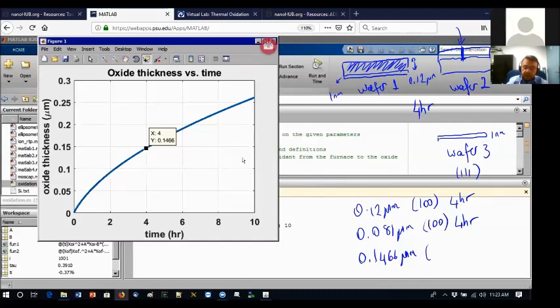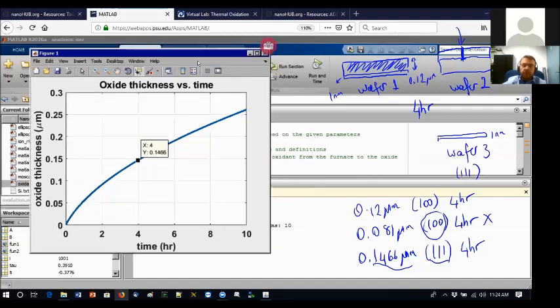Now this is the 111 plane, again for 4 hours. So we understand that the 100 with initial oxide is the worst. The 100 with no oxide is somewhere in between, but the 111 without the initial oxide is the fastest.